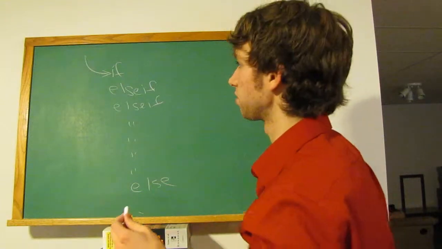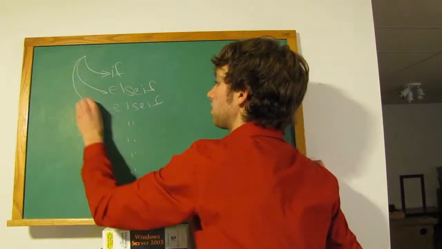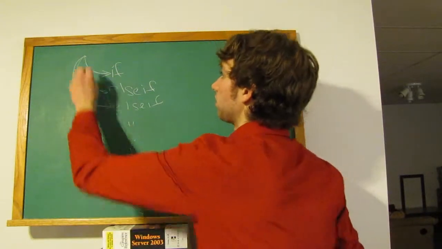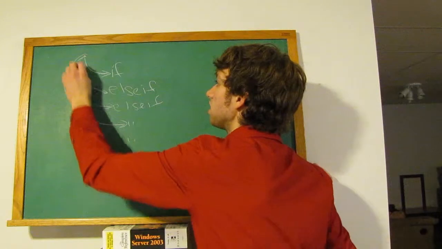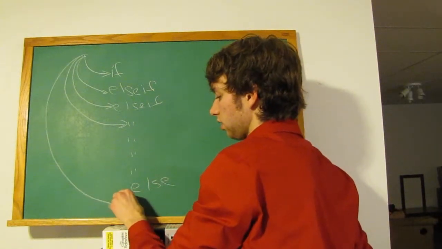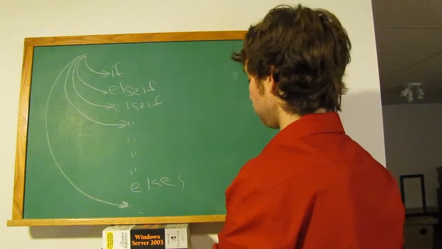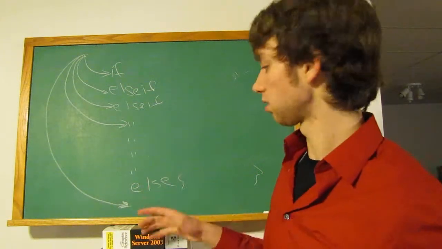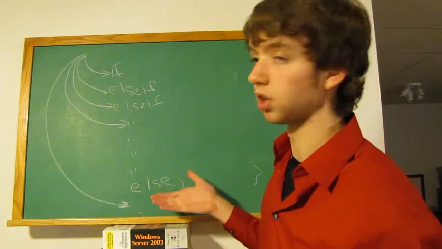Let's say it's false, so it's going to test this one. Oh, it's false, so it's going to test this one. Oh, it's false. It's going to test this one. Oh, it's true. Well, it's going to skip all of the rest and go to the end after the else clause. So the else clause opens, the else clause closes. That will end this. It'll break to the end of the conditional.